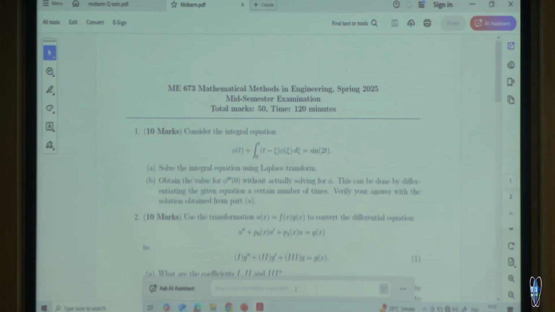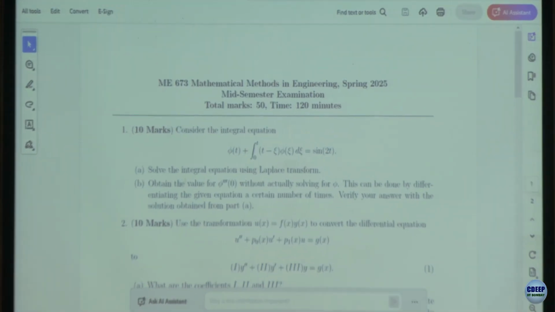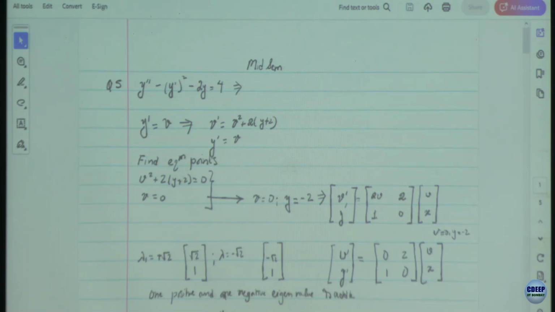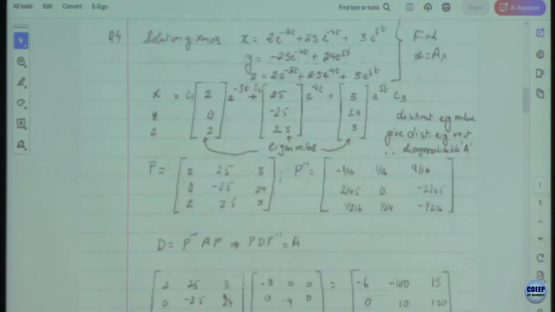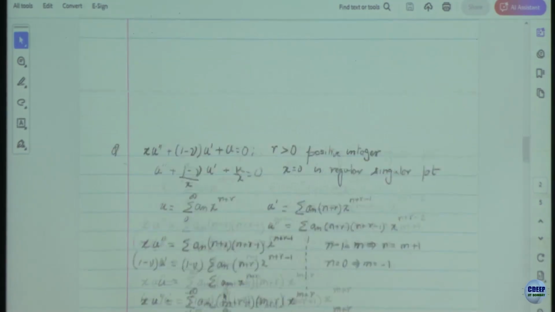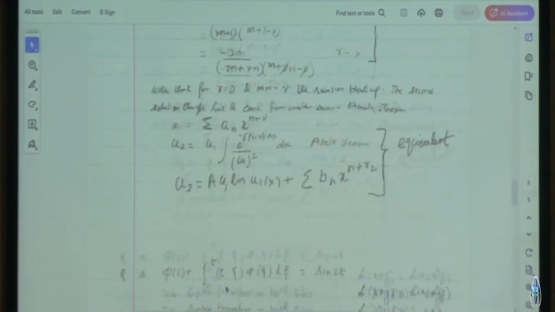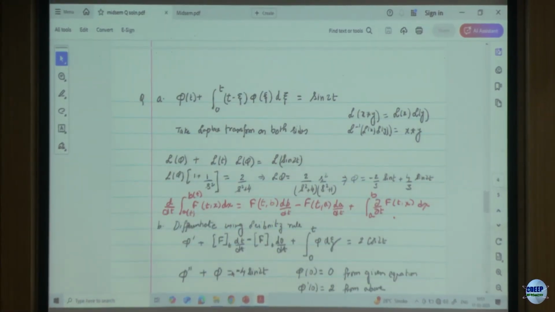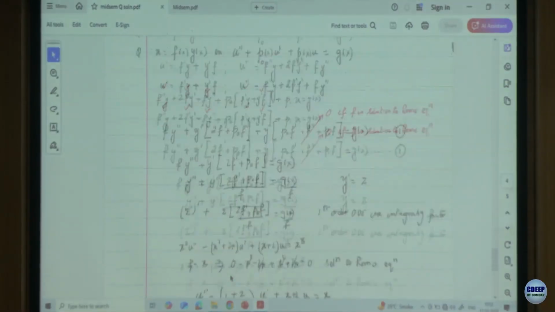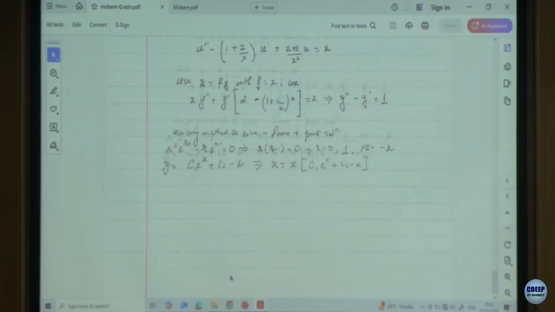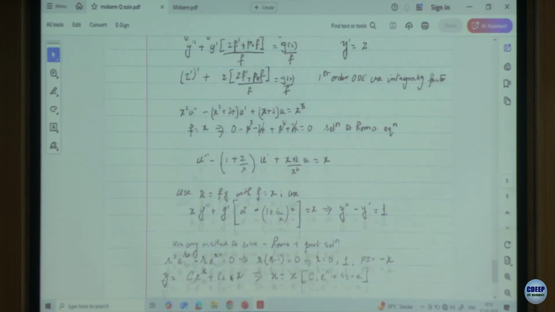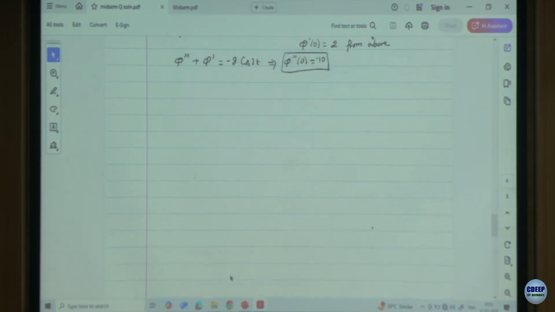And I should say that most of you did not have any trouble at all with this question, and the solution has been uploaded, and I don't think there was any trouble at all which anybody faced except for a couple of students, and those students should be a little bit careful in future.